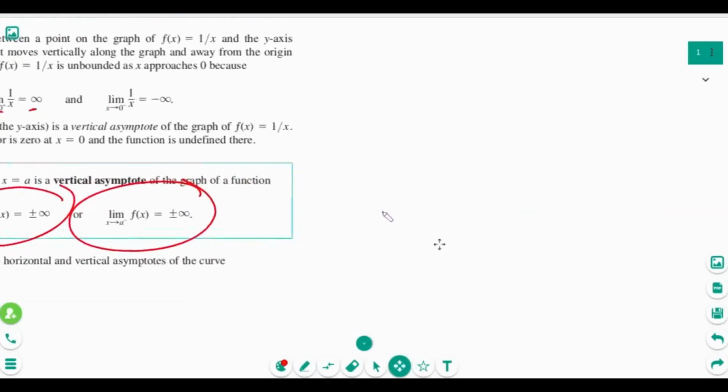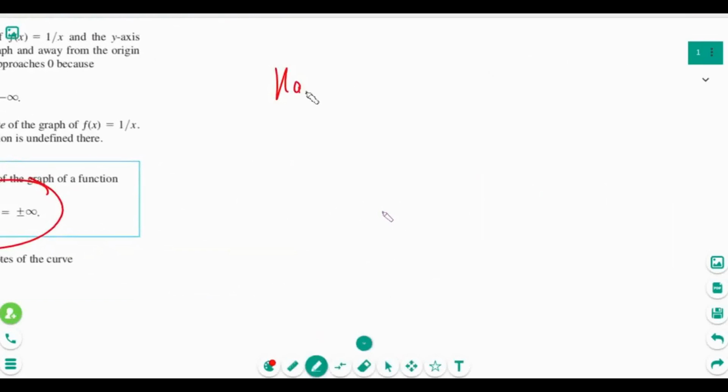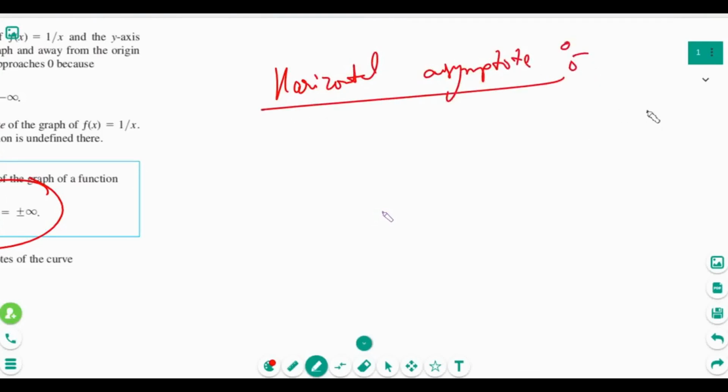Now, you can write here the definition of horizontal asymptote. So same here, in terms of limits, we write the equation for horizontal asymptotes. The definition was that the limit of f(x) is equal to infinity.